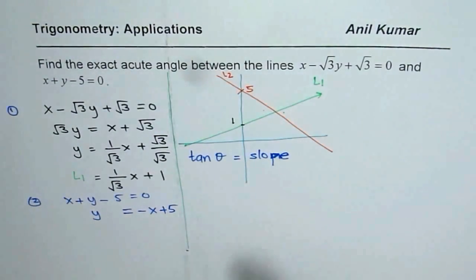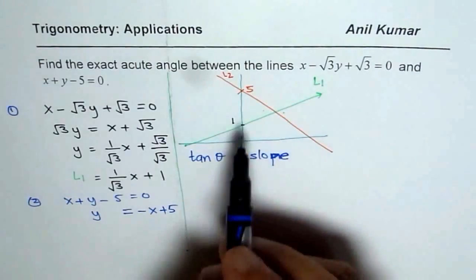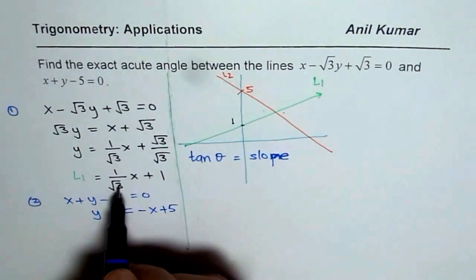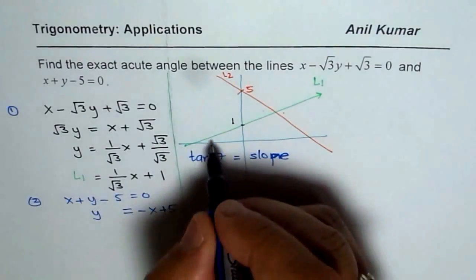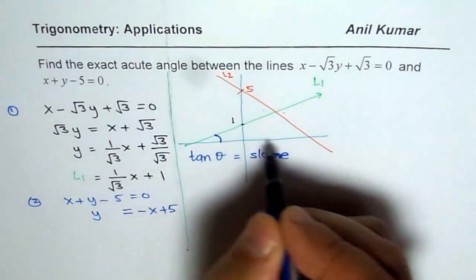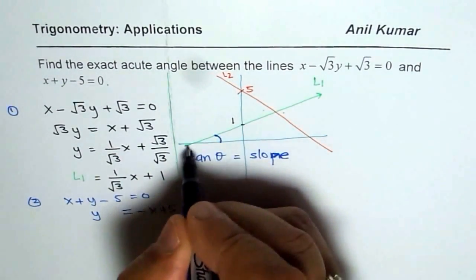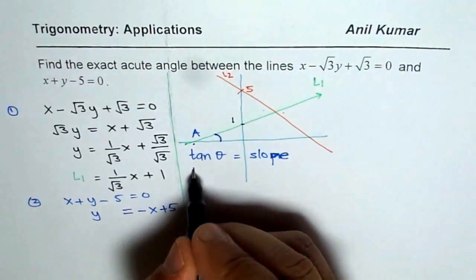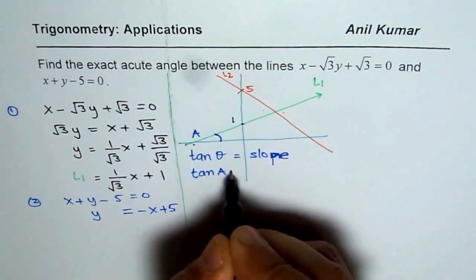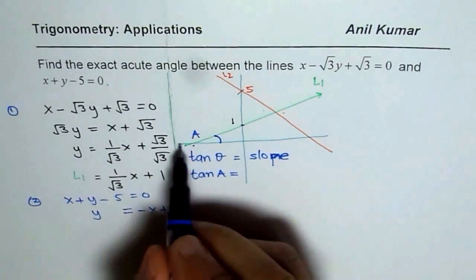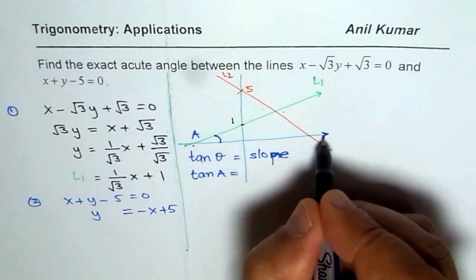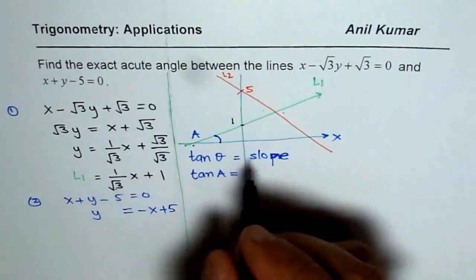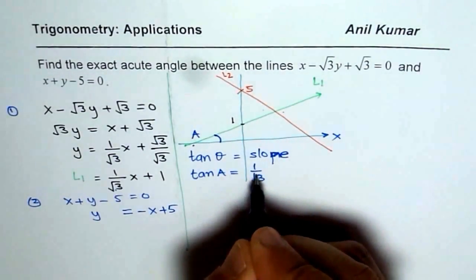Now let's consider the very first line. We'll call these angles A and B. Let's say this point is A. So we say tan A is the slope of line 1 with the horizontal x-axis, and the slope is 1 over square root 3.